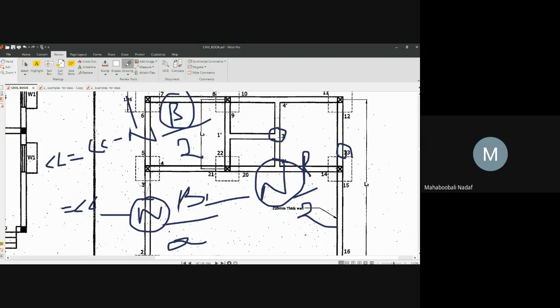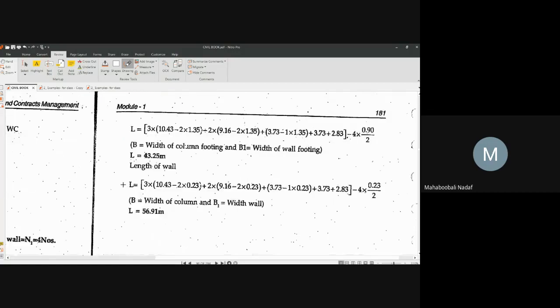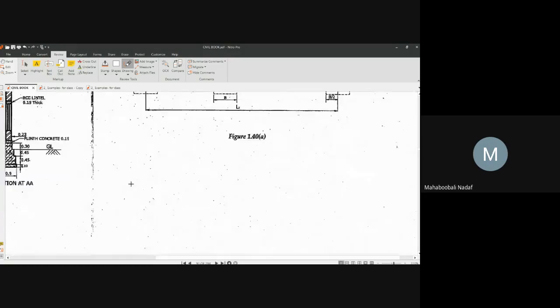The first n is the junctions of columns meeting with the wall, and b is the width of that item. The other n and b are the same: the number of junctions of wall meeting with wall, and b is the width of that item.